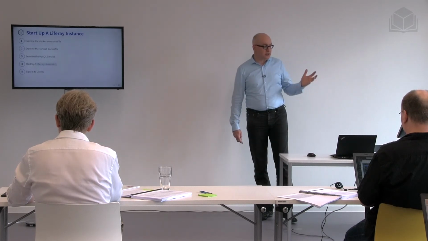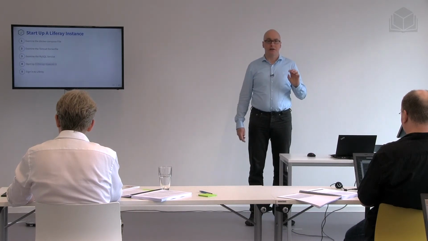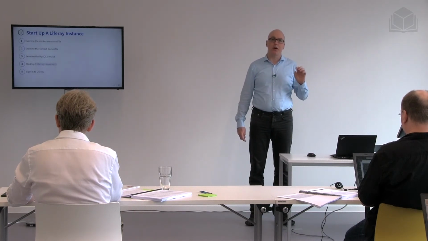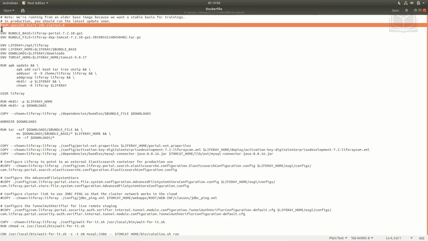And then in the Docker file, there you will see how a Liferay Docker image is being built. So we are based on a relatively small image. This is Alpine Linux, which is the bare minimum that you can have, an image that is designed to be as small as possible.